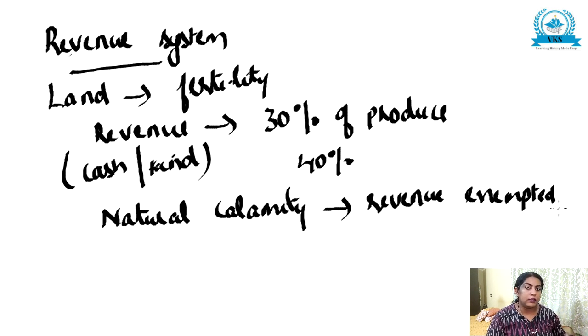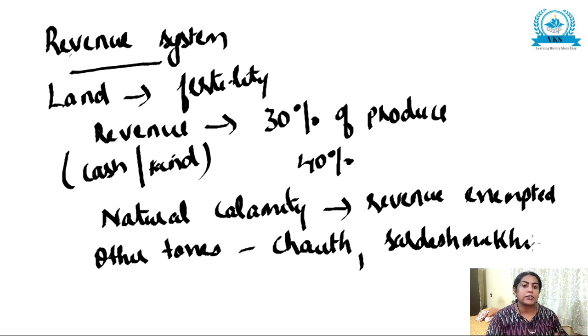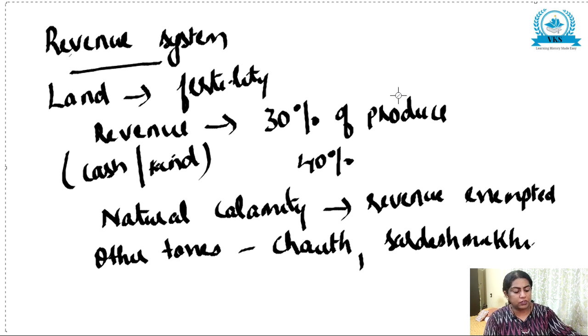Other than land revenue, there were 2 other kinds of taxes or military contributions collected by Shivaji, that is, Chaut and Sardeshmukhi. So this was the revenue system of Shivaji.